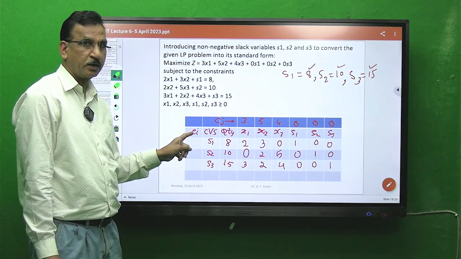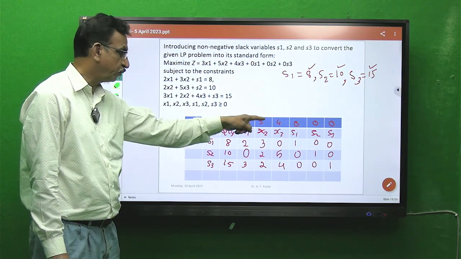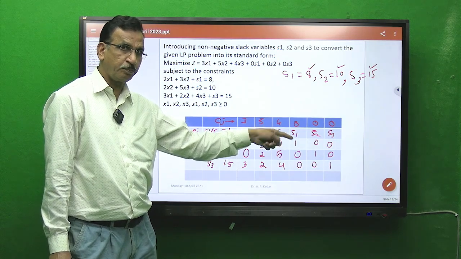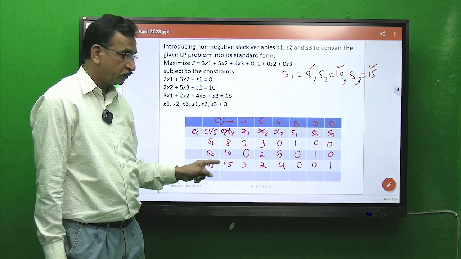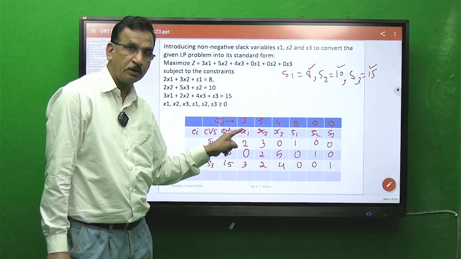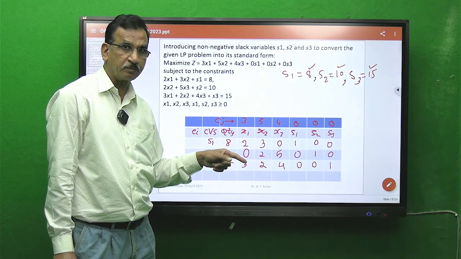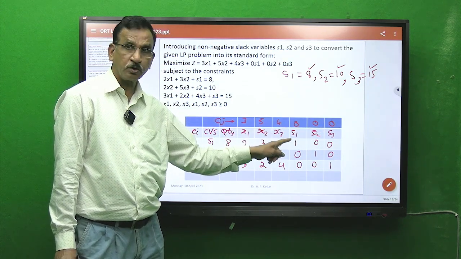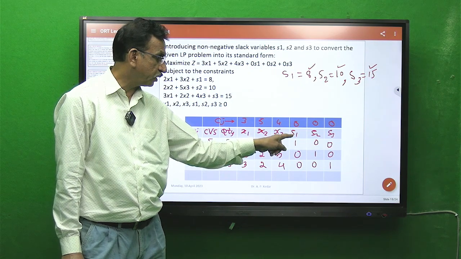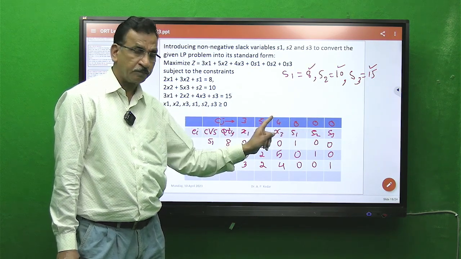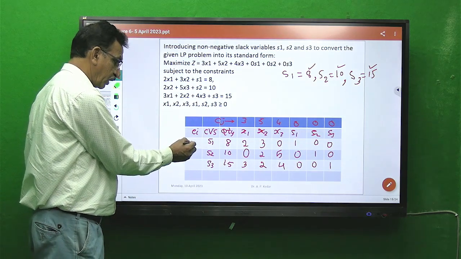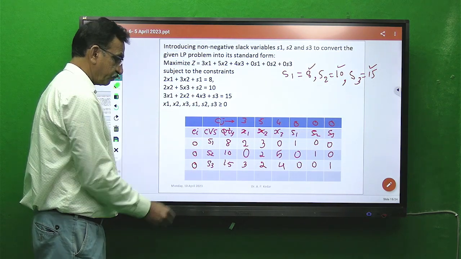And this EI will represent the same coefficient for the variables representing basic variables. So amongst these variables, which are representing basic variables, S1, S2, S3, the Cj coefficient of S1, S2, S3 is 0, which will be the same as EI: 0, 0, 0.